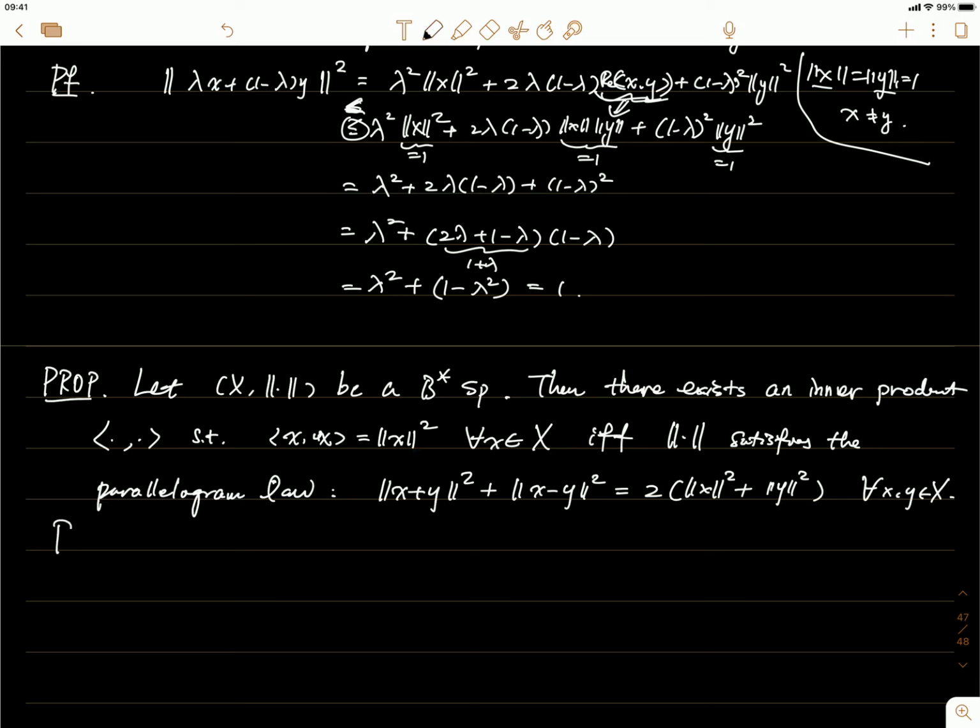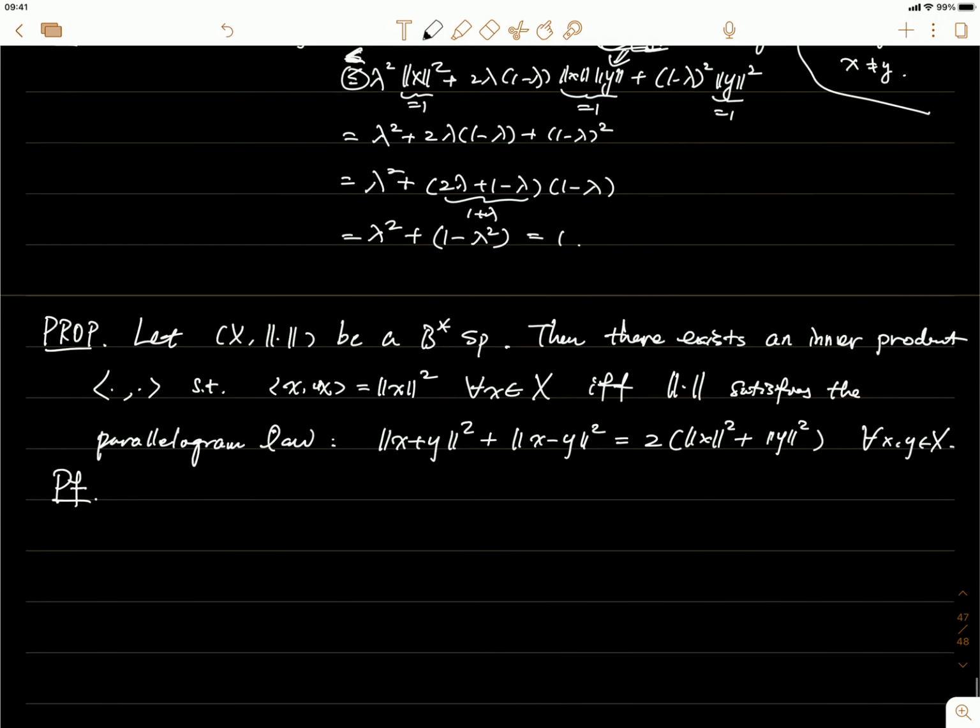Okay, so I'll give you a very brief sketch of this, and I'll leave this as homework. You can practice yourself. Actually, one direction is pretty easy. For example, if you know that there is an inner product that can induce this norm, then you can just use that fact to show that this norm satisfies the parallelogram law here.